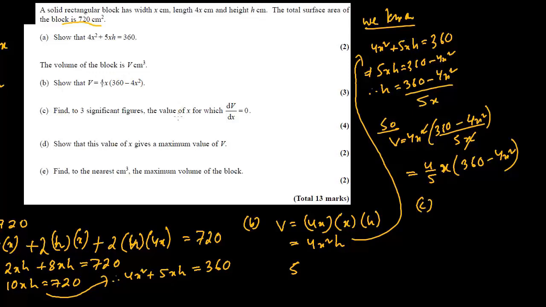Question number C, we have to find the value of x for which dV by dx equals 0. This is the rule. At the turning point, the derivative is 0. So let's write down V in simpler terms.